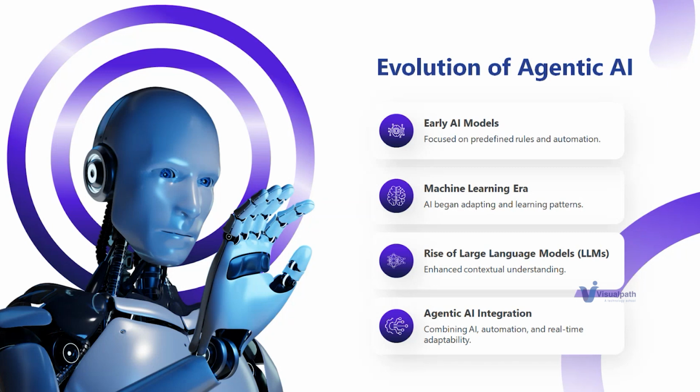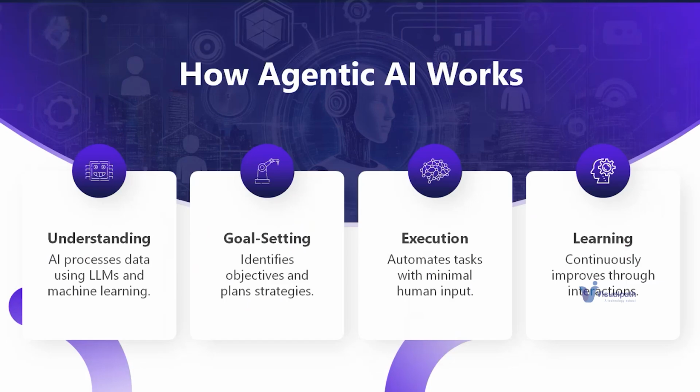What all these agents do is they work in tandem, they work on a common goal, and they achieve it. Generally, how agentic AI works is, first is the problem understanding, then goal setting, where it identifies the goal that it has to achieve, then execution of these goals, and a continuous learning process.